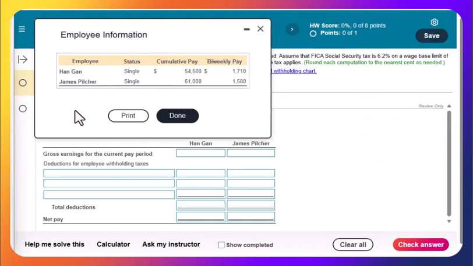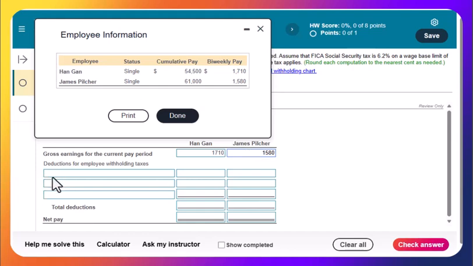So we can go ahead and start by putting the gross earnings for each current pay period for each of the employees. That's a given here in the table. So for Han, that is 1,710. And then for James, it's 1,580.